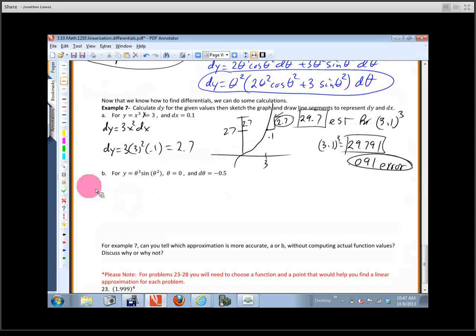Okay, let's take a look at this last one, and we need this guy right here. So I want to know what dy is if theta is 0, big favor there, right? And d theta is 0.05. So this is going to be 0 squared, and then all of this is a 0. So that's a 0, that's a 0, and this is negative.